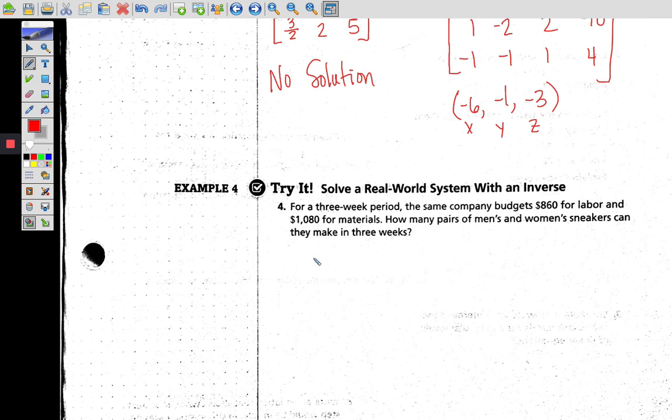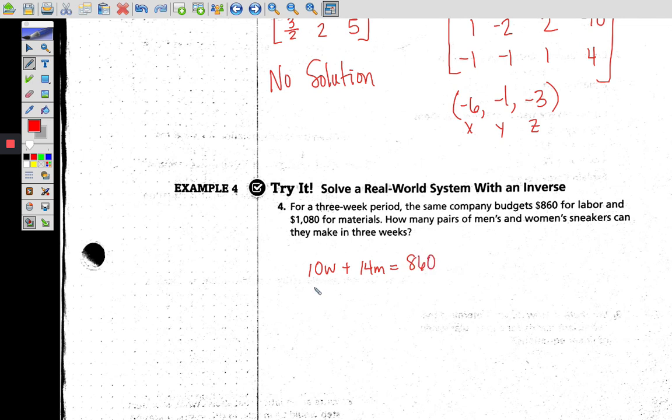For one pair of women's sneakers, it takes $10 in labor to make, and men's sneakers take $14.